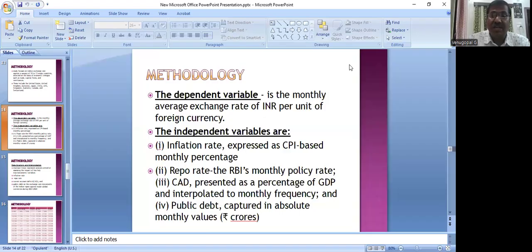They are inflation rate, expressed as the consumer price index, CPI, monthly percentage. Second is repo rate, the RBI's monthly policy rate. Third, current account deficit, presented as a percentage of GDP. And fourth is public debt, captured in absolute monthly values.